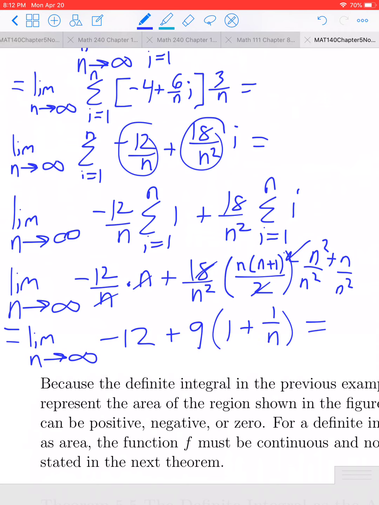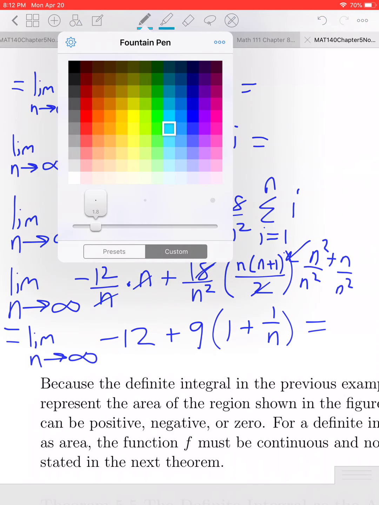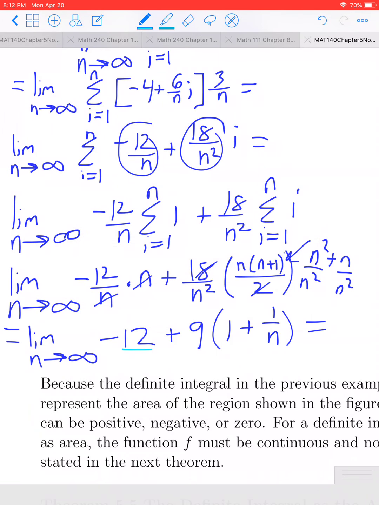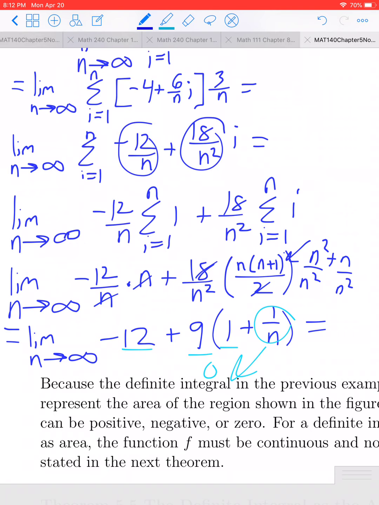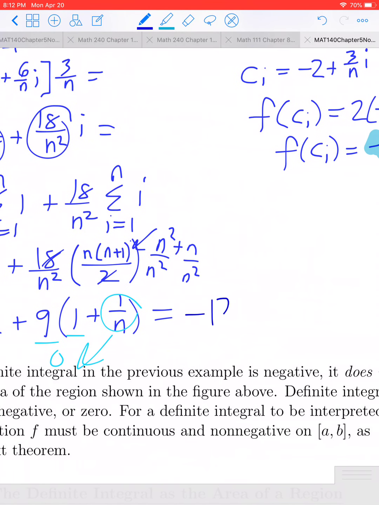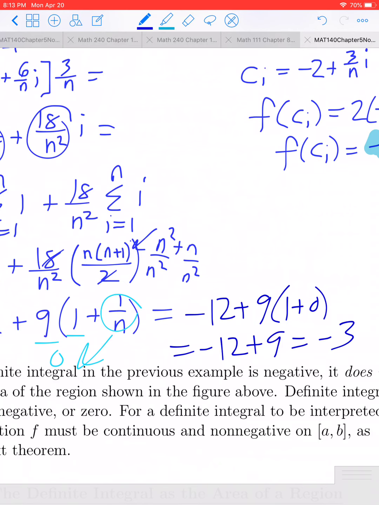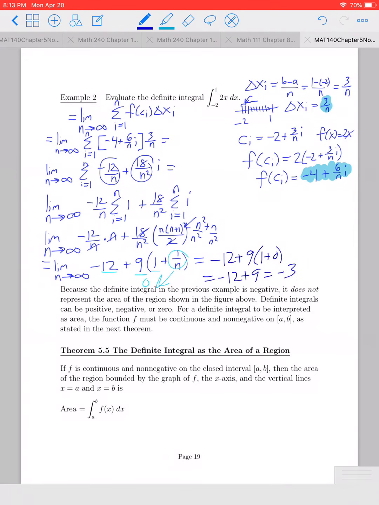As n goes towards infinity, we have constant, constant, constant. This thing will approach 0. And so in the limit, this is going to be negative 12 plus 9 times 1 plus 0, which is negative 12 plus 9, which is negative 3. So the value given by this definite integral would be equal to negative 3.